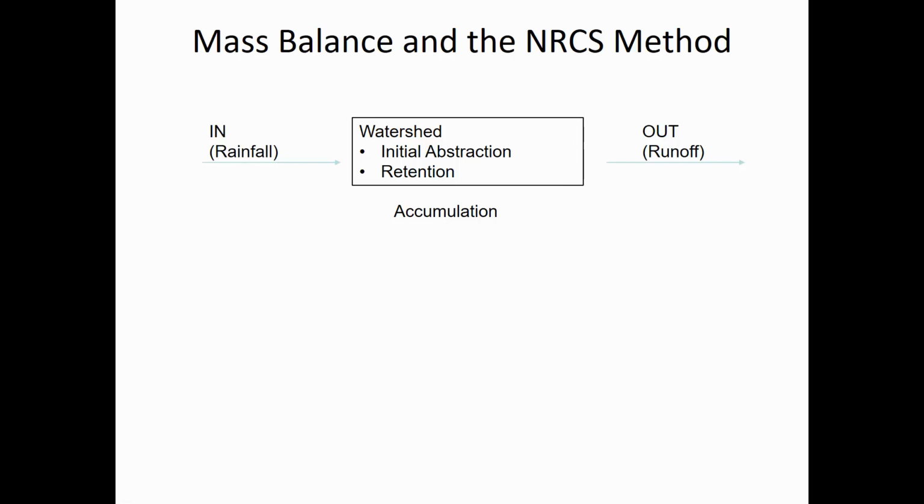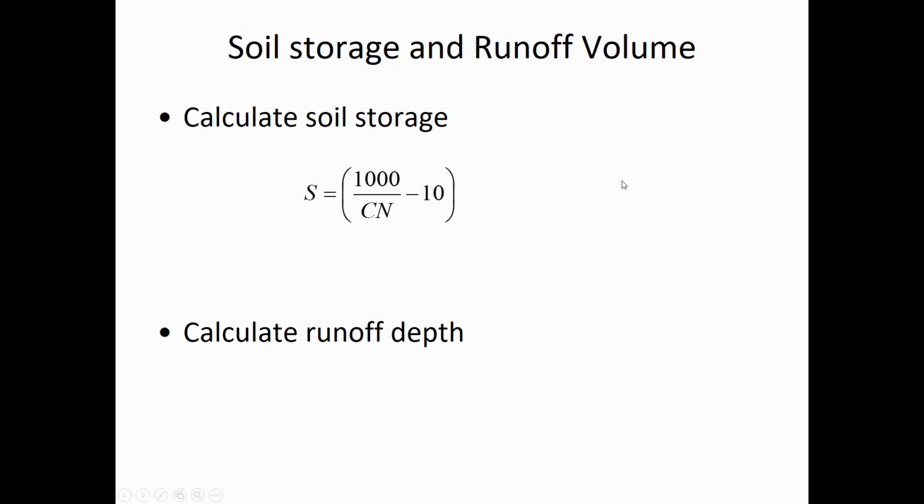If the tank is filling, then out is going to be lower than in. If the tank is draining, out can be greater than in. And what's inside of that tank? The tank is our watershed. That's the control volume. How much storage it has is the initial abstraction and the retention. And so these two terms are the accumulation that makes for the difference between the rainfall and the rainfall excess, which is runoff.